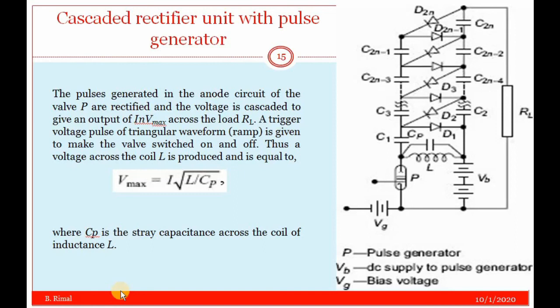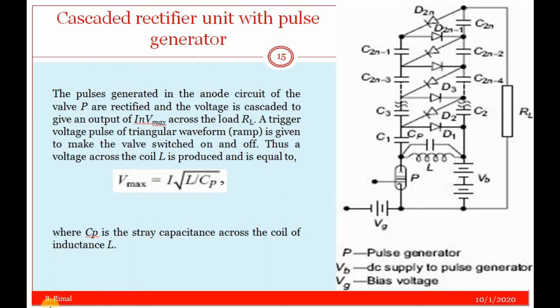With this pulse generator, it is sufficient to generate a high voltage DC of about 100 kilovolt with suitable number of stages, and the pulse frequency should be about 500 to 1000 Hz, and in this case the ripples are also quite low, that is nearly less than 1%.